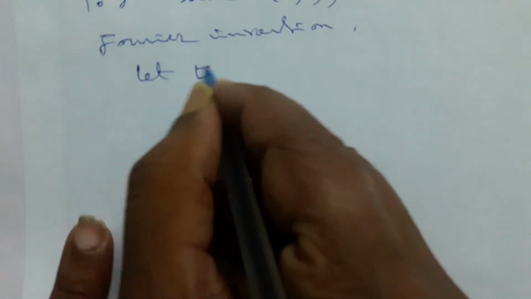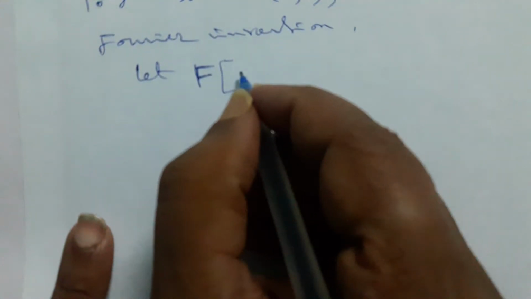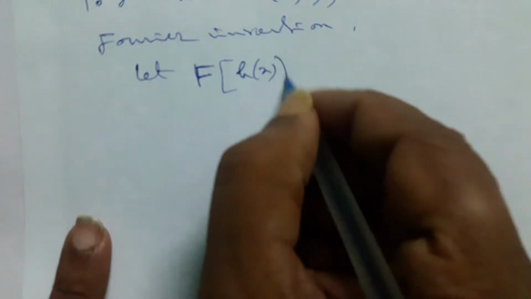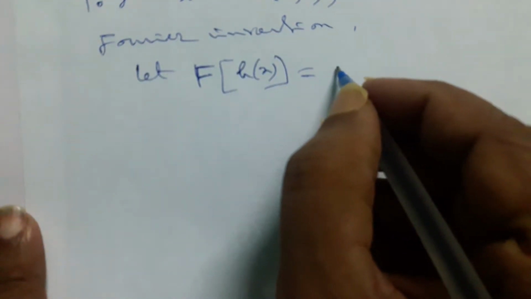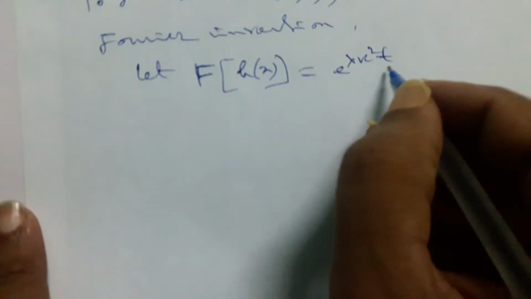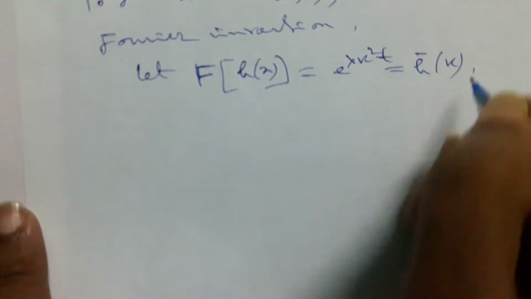Let the Fourier inversion of h(x), that will be e to the power minus λ k² t, be h bar(k).